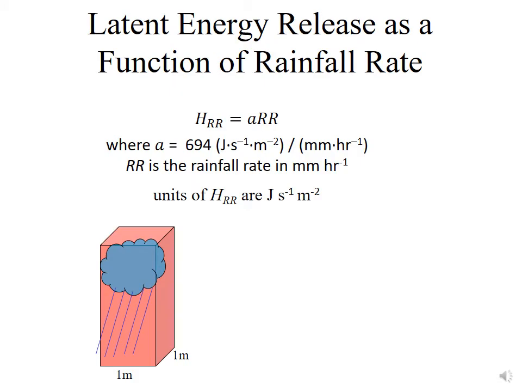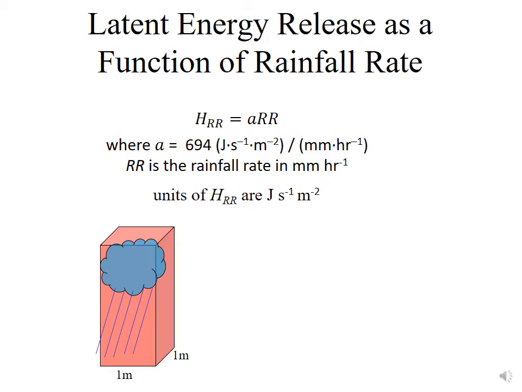And we have the latent energy release as a function of rainfall rate. So if we have this 1 meter by 1 meter square column of atmosphere, and we have a cloud in that column, there will be latent heat energy release associated with the condensation.